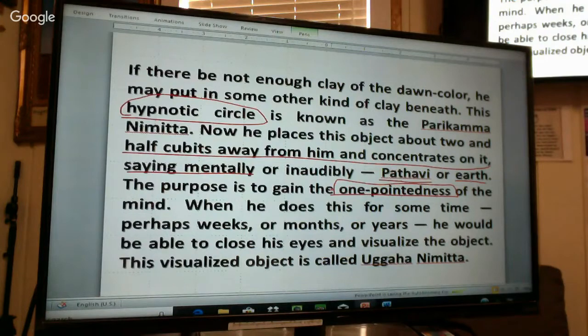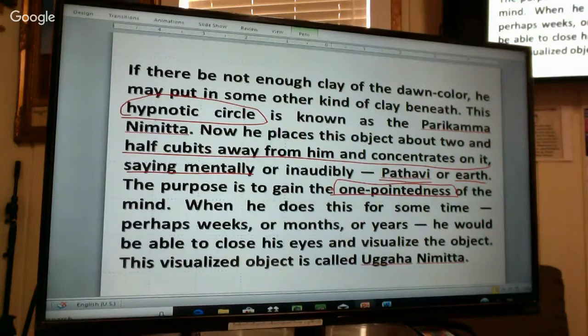At that time, the visualized object we call Uggaha Nimitta. Gaha means caught by your mind. Gahana, in Pali, means taking.